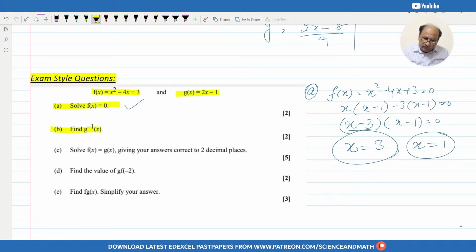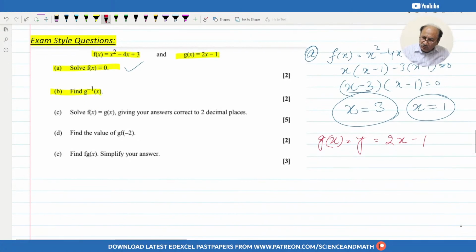For g inverse of x, we can take our g of x and write it as y is equal to 2x minus 1. Now we have to make x the subject, and we will send minus 1 to the other side.